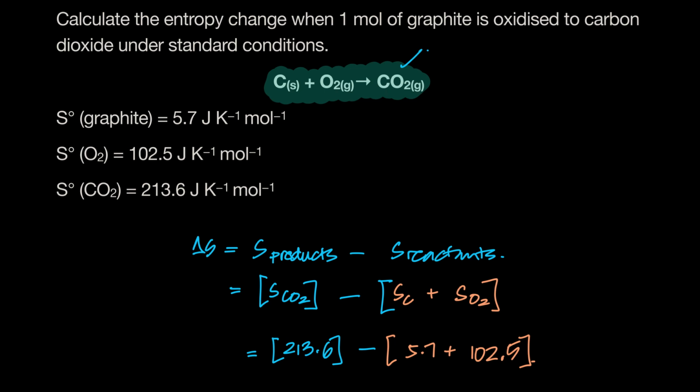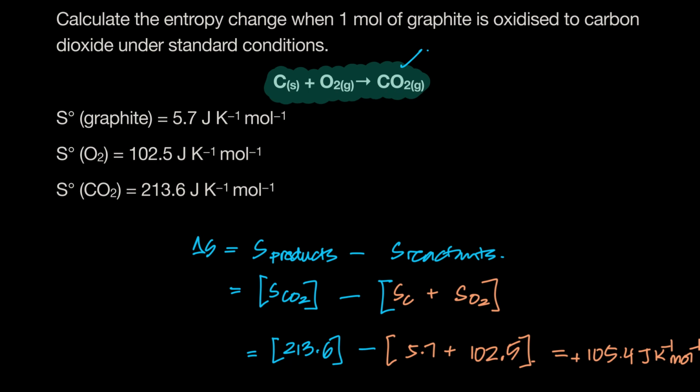Here we can calculate the value this way, and that comes out to about 105.4 joules per Kelvin per mole. This is a positive value, so entropy increased here. And obviously, as you get more and more reactants and products, the calculation becomes a little more complicated.